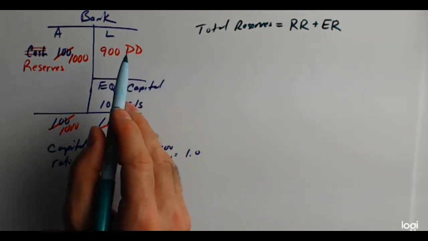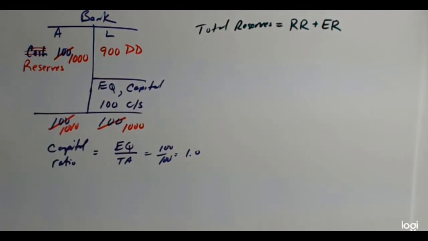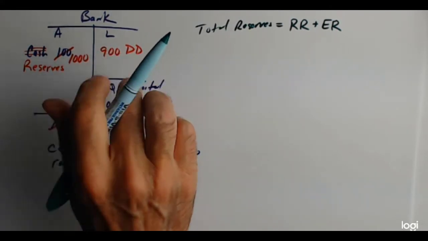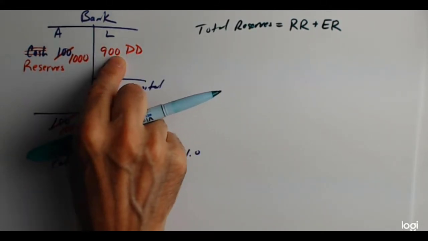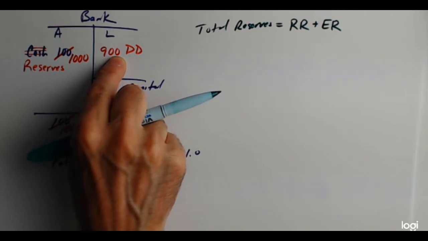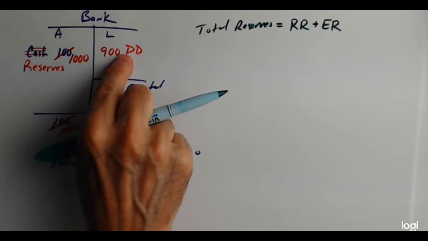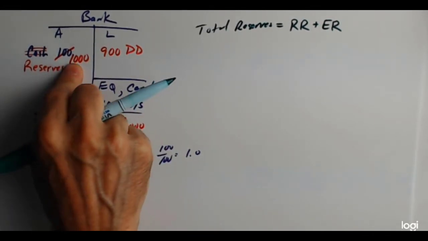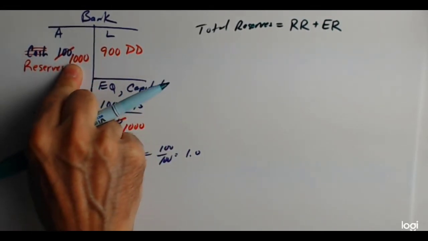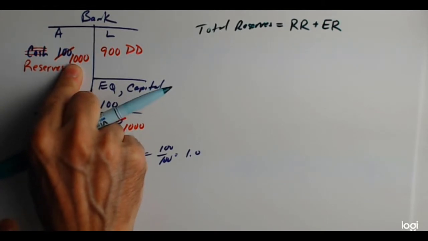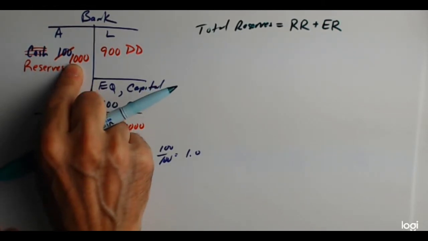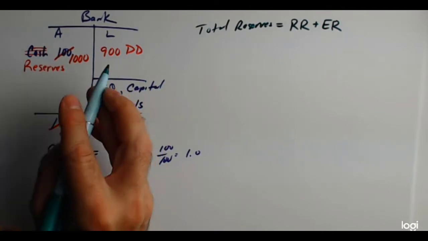A good way to look at reserve requirements, a good way to benchmark it, is to say, look, 10% of all transactional deposits, of which demand deposits are the biggest component, must be held on reserve in case people want to pull their money out of the bank. The reserve requirement would be 10%. And what do they do with the rest of the 90%? Well, the rest of the 90% goes into loans.